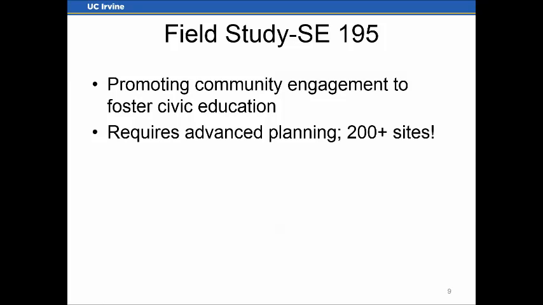You need to be at least a junior standing. You'll be working at an internship site for 100 hours during the quarters, which means it's a 10-hour per week commitment. It is required. So it isn't anything that you have a choice on, but you do have choices on where to work.